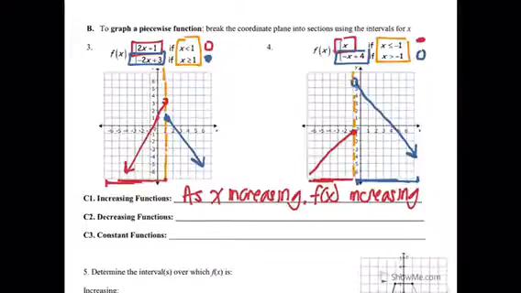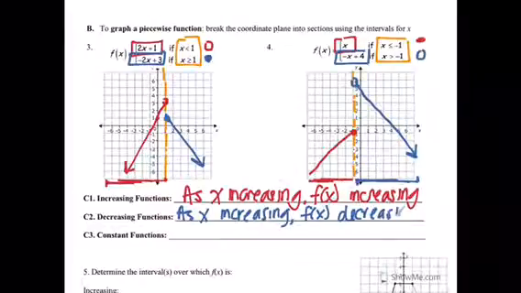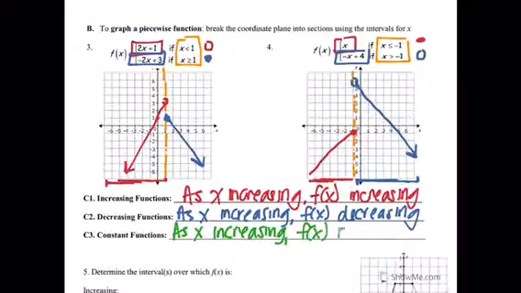For a decreasing function, we would say that as x is increasing, f of x is decreasing. And lastly, for a constant function, we would say as x is increasing, f of x is constant. In other words, it's neither increasing nor decreasing, it's staying the same value.